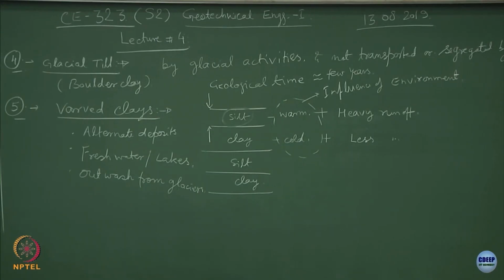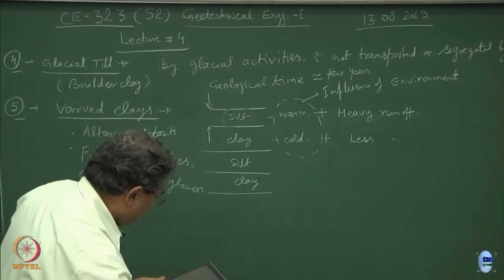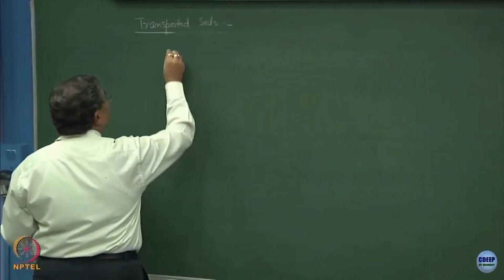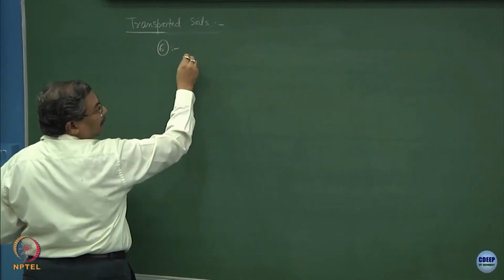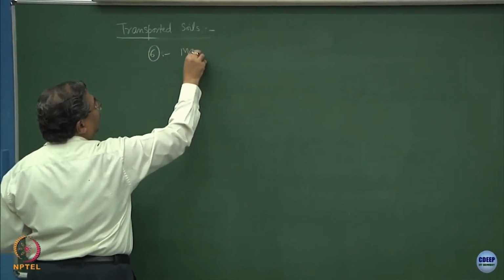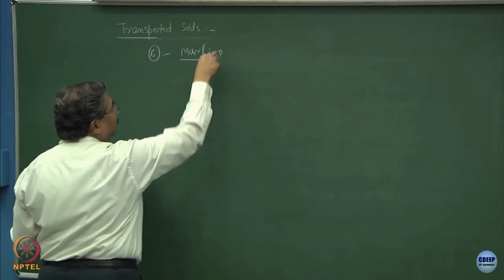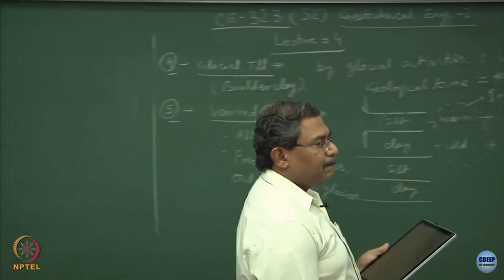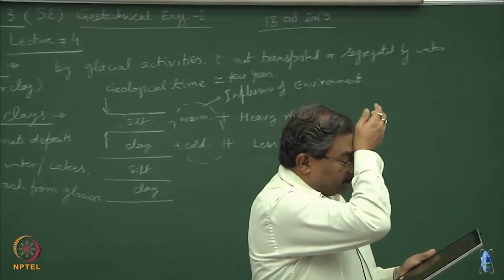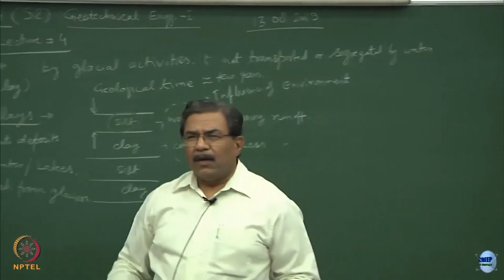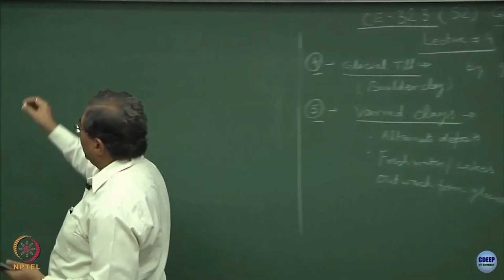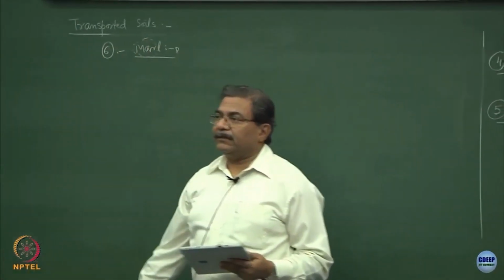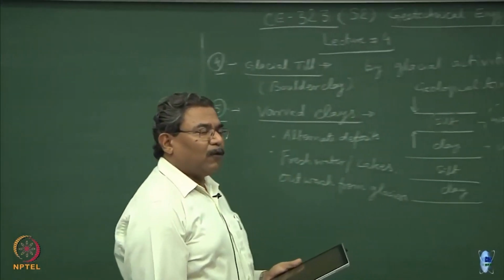There is another category of transported soils which is known as marl. Check the dictionary meaning of the word marl. Marl basically corresponds to the marine environment, alright. And what is a marine environment?